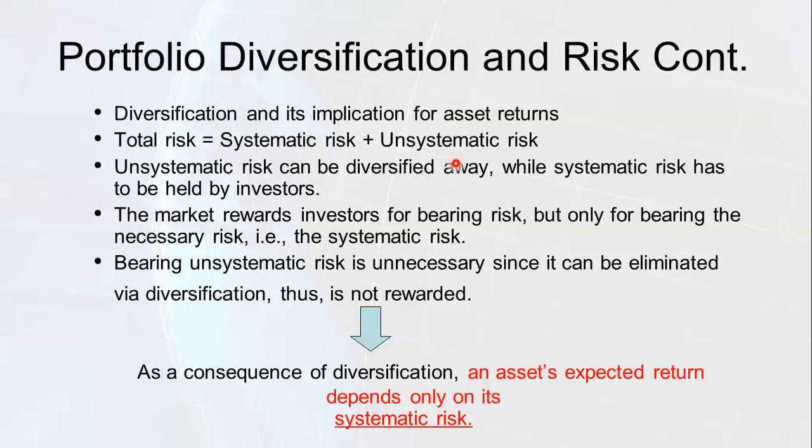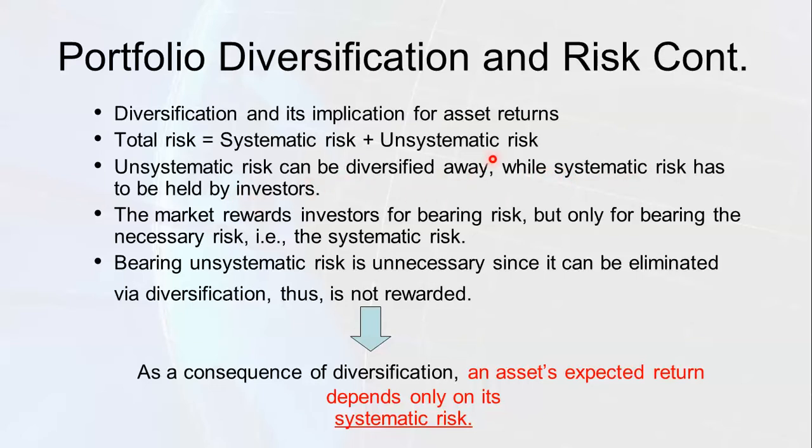And by diversification, you eliminate most of this unsystematic risk. Okay, so in modern portfolio theory, we use standard deviation as a total measure of risk. Since we have a diversified portfolio, only systematic risk is left. Unsystematic risk is diversified away, or eliminated. So investors have to take the systematic risk.